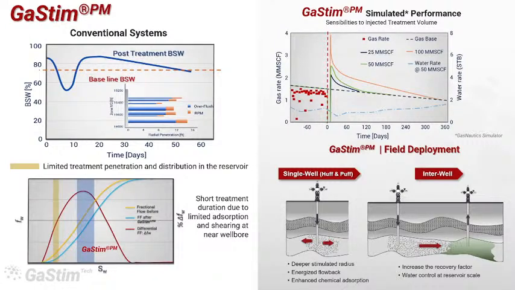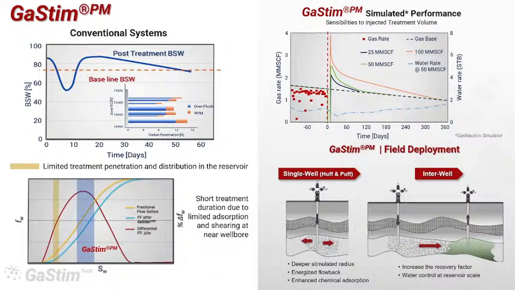We'll have lower water saturations close to the wellbore, and in those water saturations the conventional liquid systems will see their results. However, the GaStim PM system will see its results in a region between the near wellbore and the aquifer region, where we have 100% water saturation, and it will see its greatest results in that region.